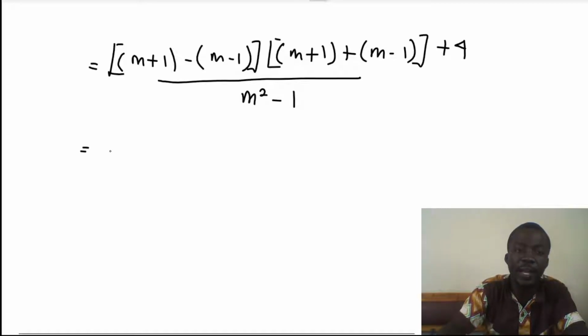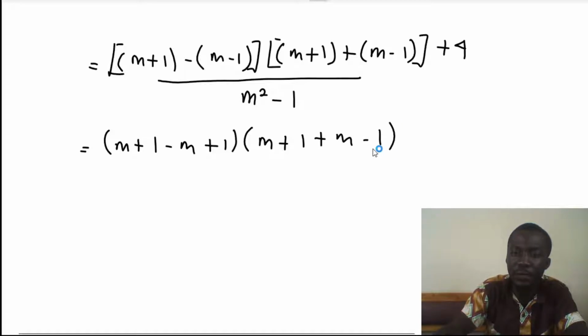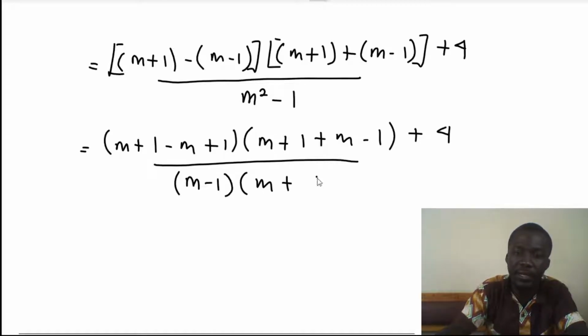And when we simplify, we will get m plus 1 minus m plus 1 multiplying m plus 1 plus m minus 1. Then plus our 4 divided by, and this one is also difference of two squares, so we can factor that one as m minus 1, m plus 1.